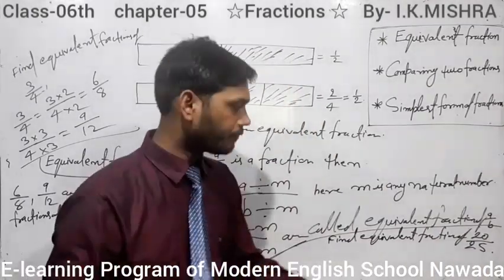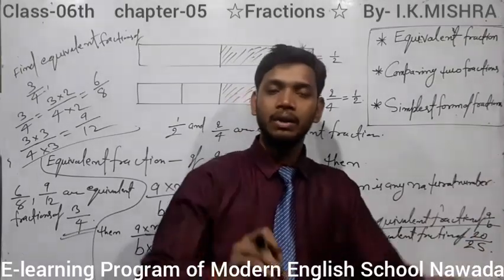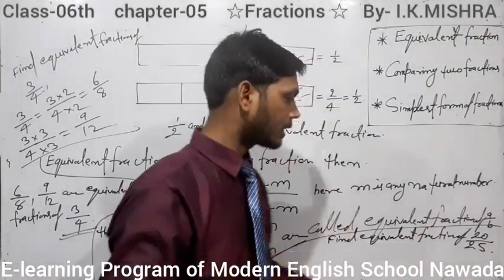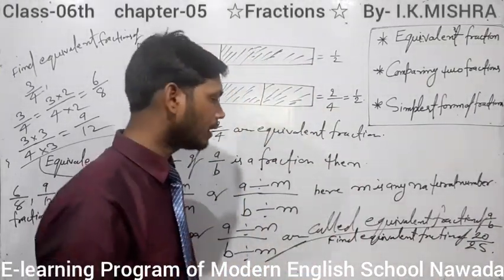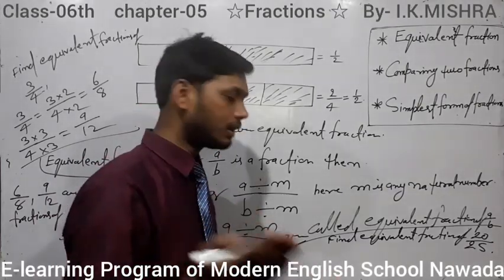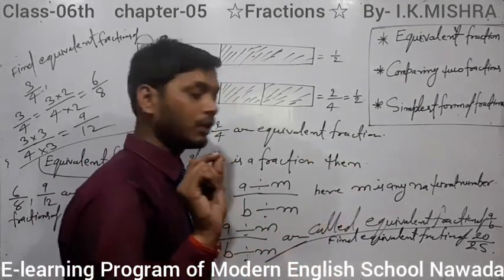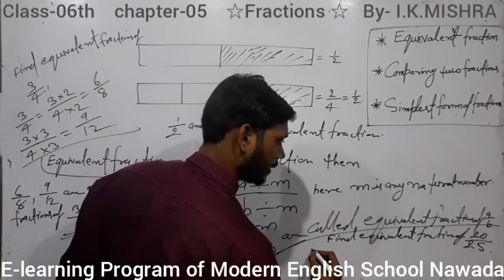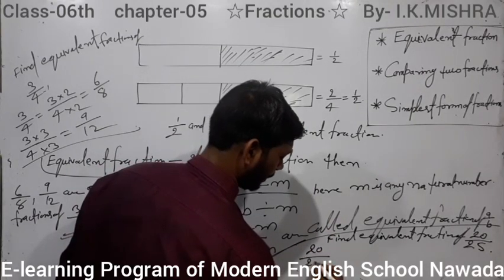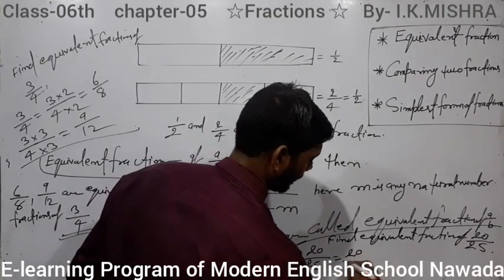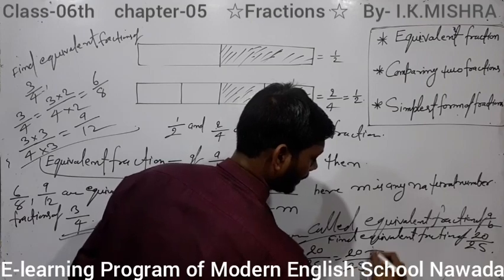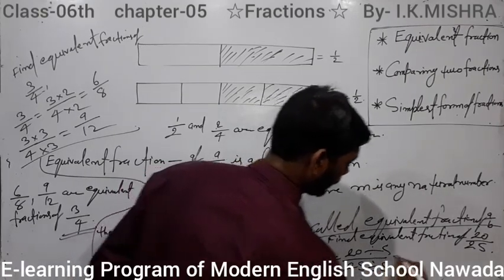You can divide by the same non-zero natural number, then you will get an equivalent fraction. 20 by 25 is divided by 5 and divided by 5.